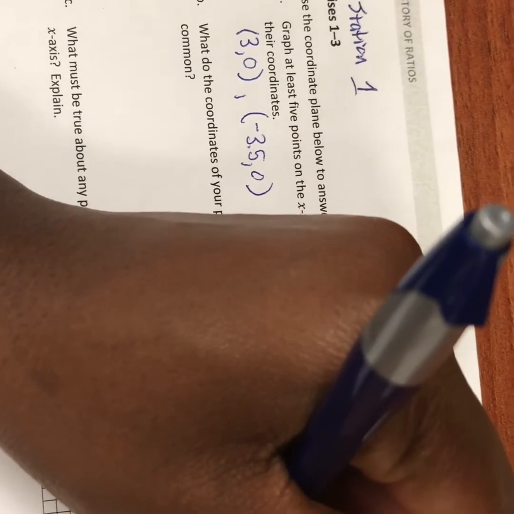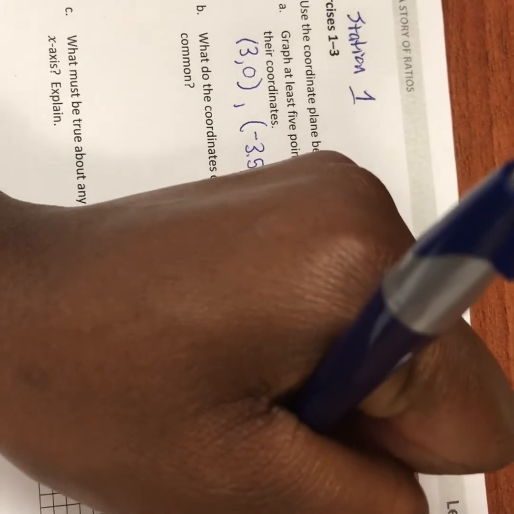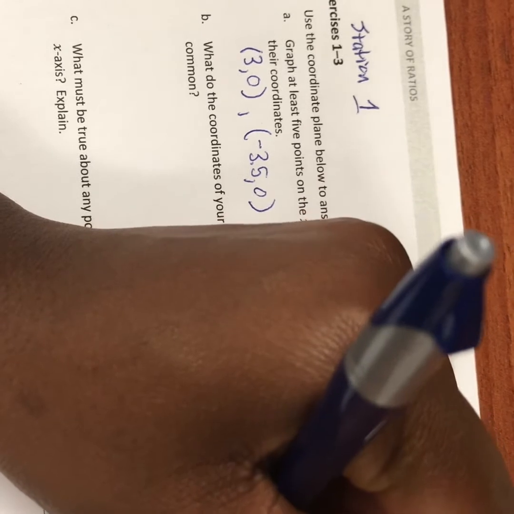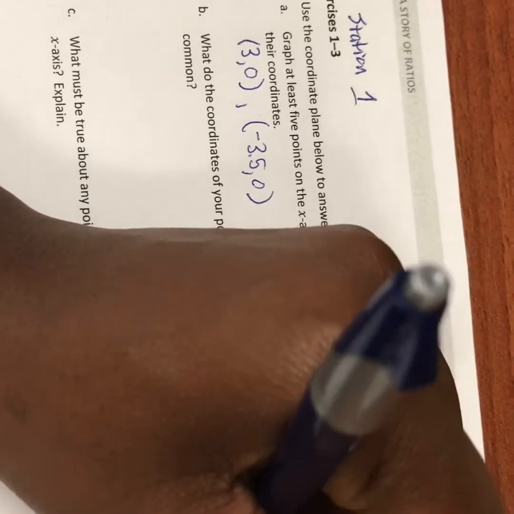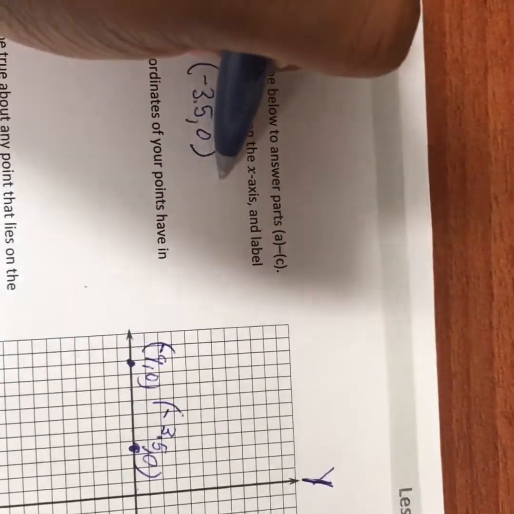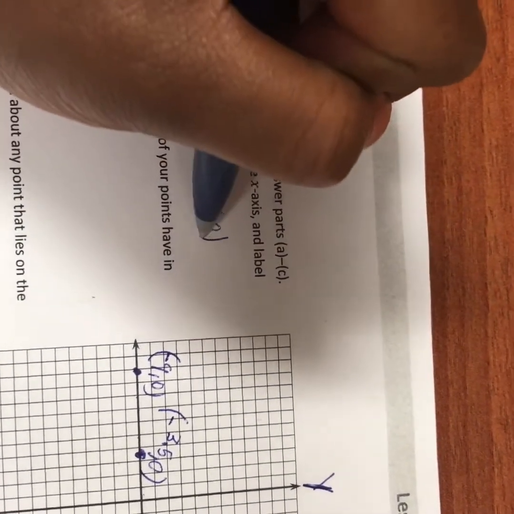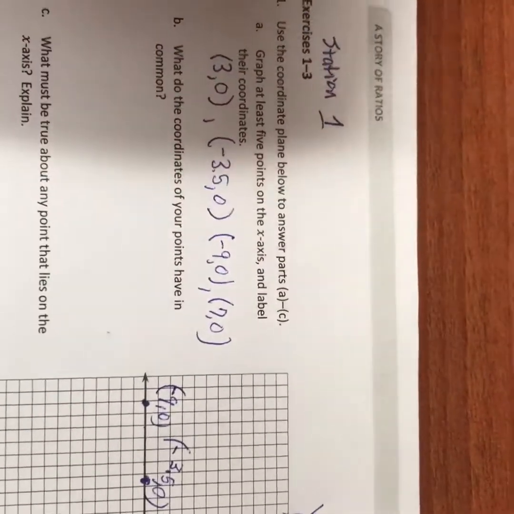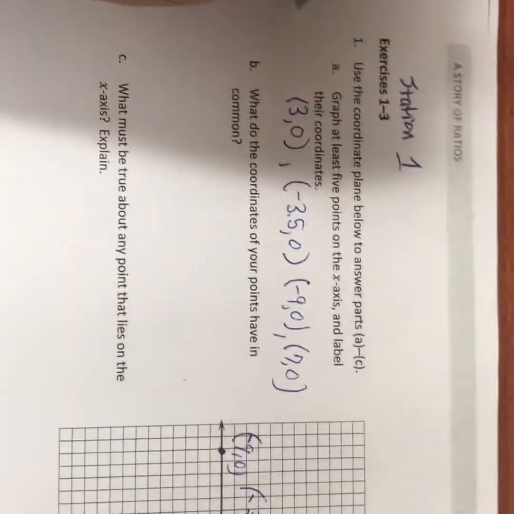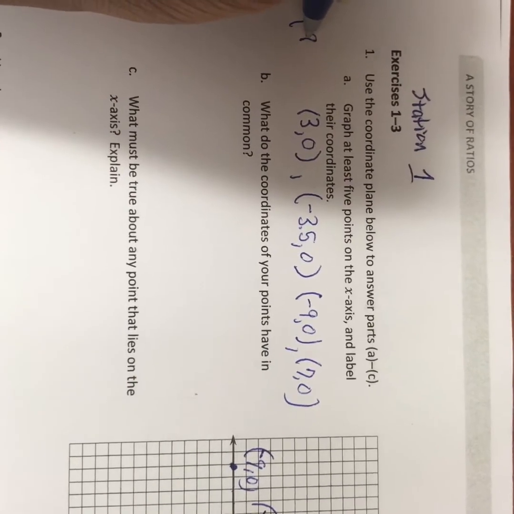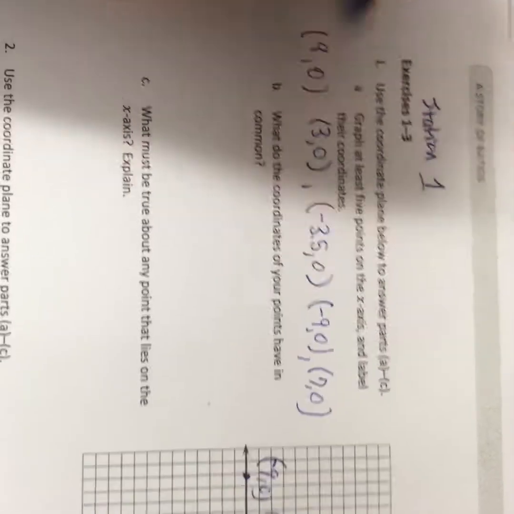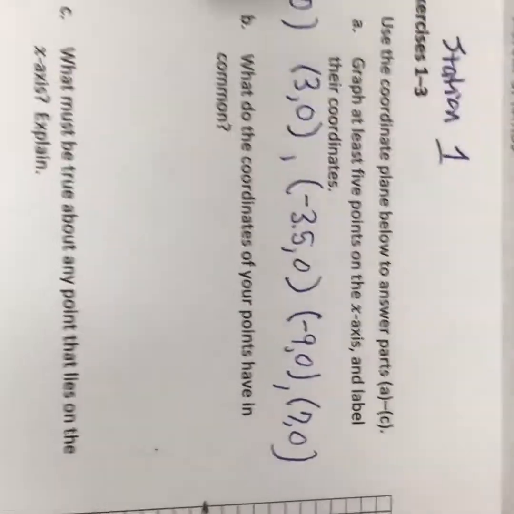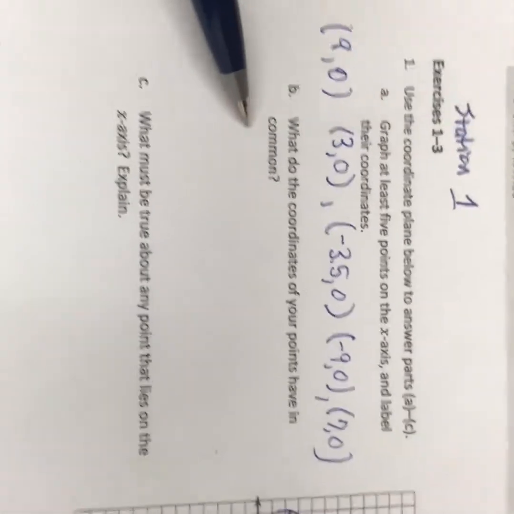I'll do that one right here. And that's going to be 1, 2, 3, 4, 5, 6, 7, 0. So I have my 5 points. I'm going to put them over here. So I had negative 9, 0. I had 7, 0. And I also have 9, 0. So the question again is, what do the coordinates of your points have in common?